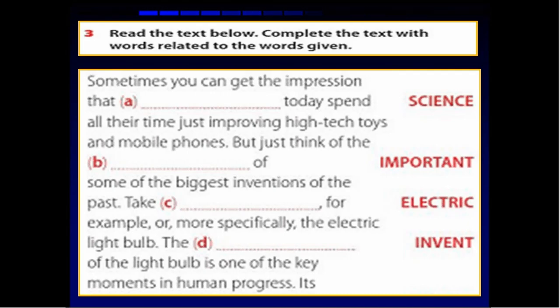Read the text below. Complete the text with words related to the words given. You have your words on the right. We need from you to put these words in their correct form according to the required space. A science, it will be scientists.